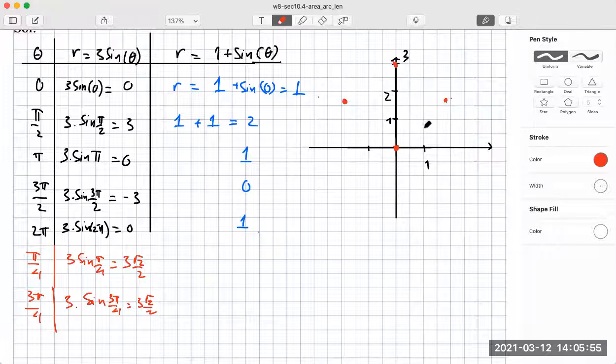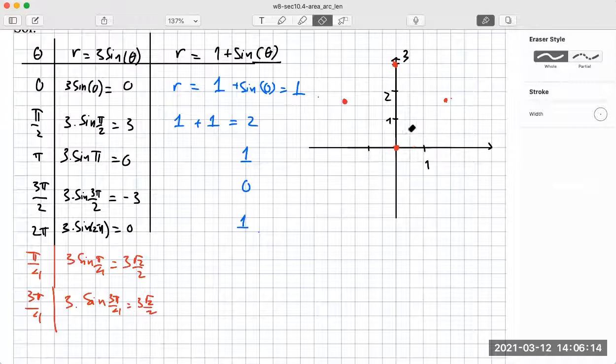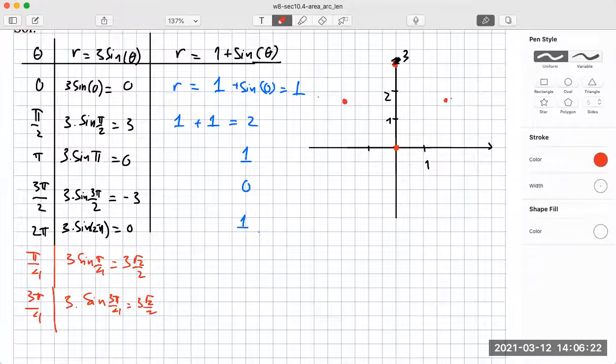The angle from here to here is 3 pi over 2, and r will be -3. I know it's very confusing, but if we continue doing this, it will draw a circle here.